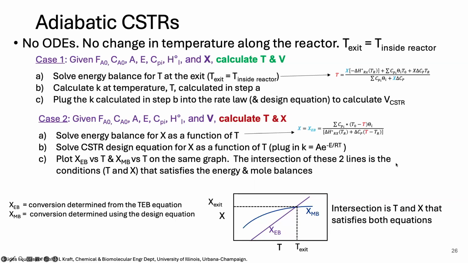And where the two intersect is the condition, temperature and conversion, that satisfy simultaneously both the energy and mole balance equations. So this intersection would be the solution. Of course, you don't necessarily have to do this graphically. You can do it numerically, but nevertheless, we're looking for the temperature and conversion condition where both relationships are satisfied.